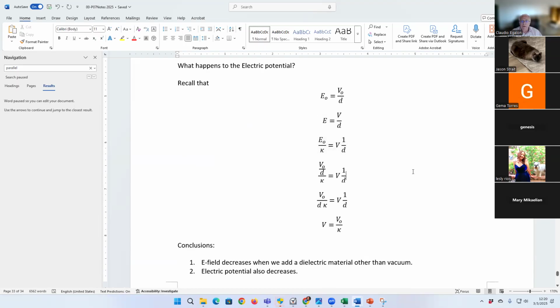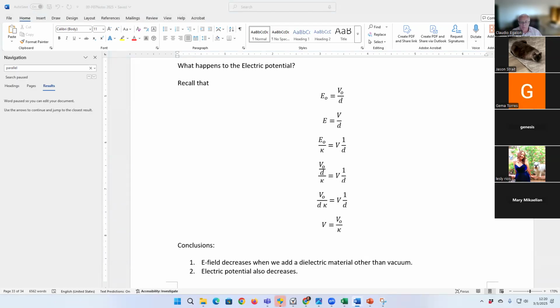We replace V naught over d right in here, and now we get a relation between this V and V naught. Rearranging our equation, put the d downstairs, this d cancels out this d, and we finally get that V is going to be less than V naught as well.